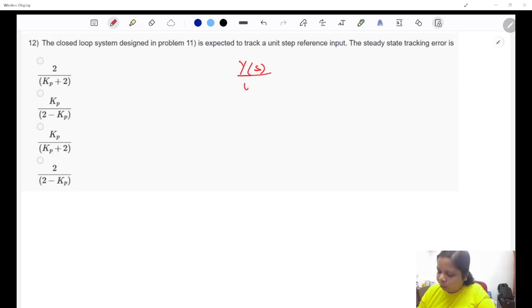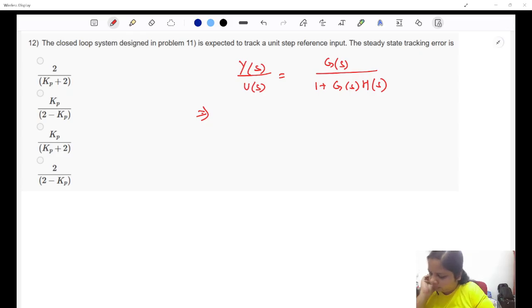YS upon US is given by GS upon 1 plus GS HS, right?